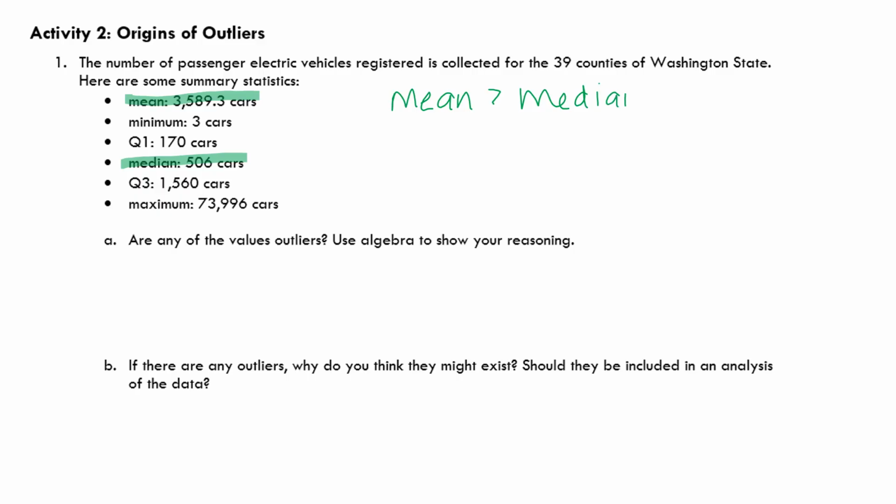And we took notes on what shape distribution always has the mean greater than the median. So if the mean is greater than the median, that means this is going to be skewed data. And technically, the mean being greater than the median means that my data is skewed to the right.